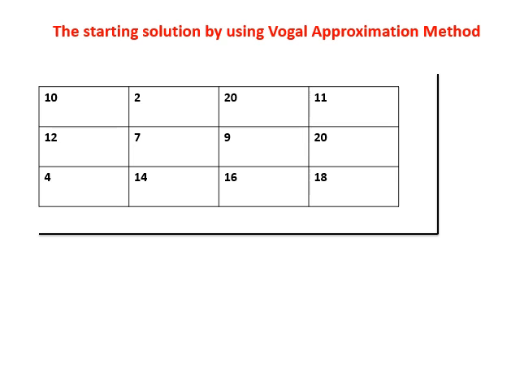Now let's take the starting solution by using the Vogel approximation method and then compare between the three methods in the result for the starting solution.